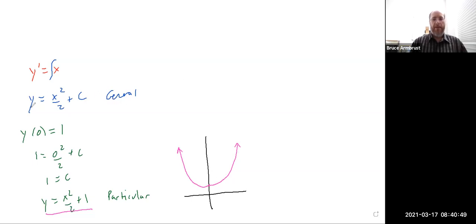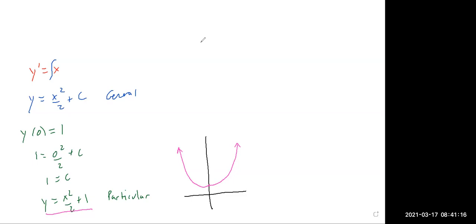Now, let's come back and look at the general solution. Suppose we had a different c. Instead of a 1, let's say that was 5. Or it was -2. Or pick your favorite c that's not 1. What's that do to this graph? Depending if it's positive or negative, it's just a different shift.